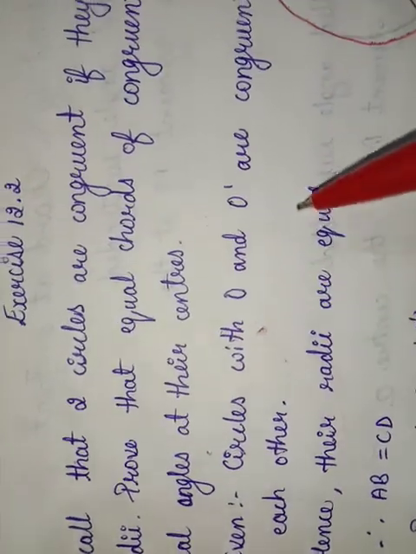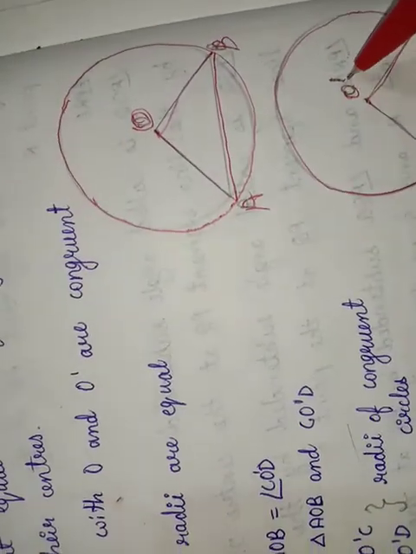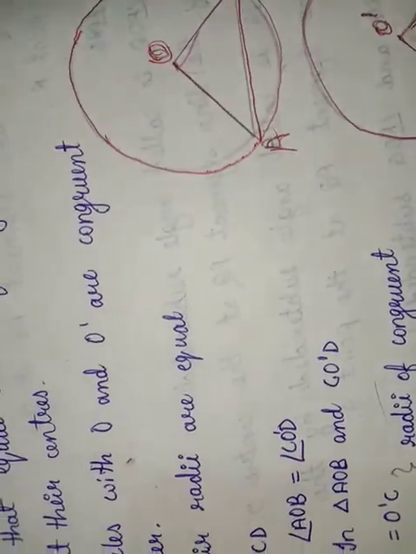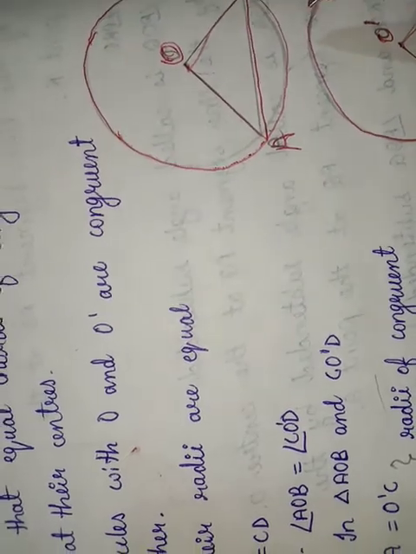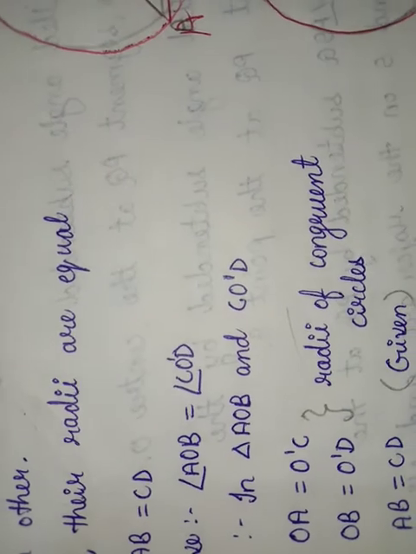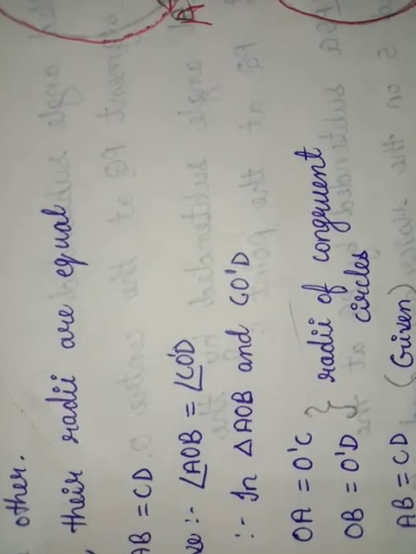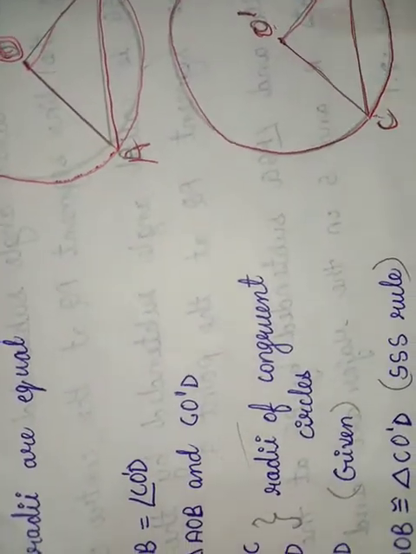Given circles with centers O and O dash are congruent to each other, hence their radii are equal, and AB is equal to CD. Now to prove: angle AOB is equal to angle CO dash D.